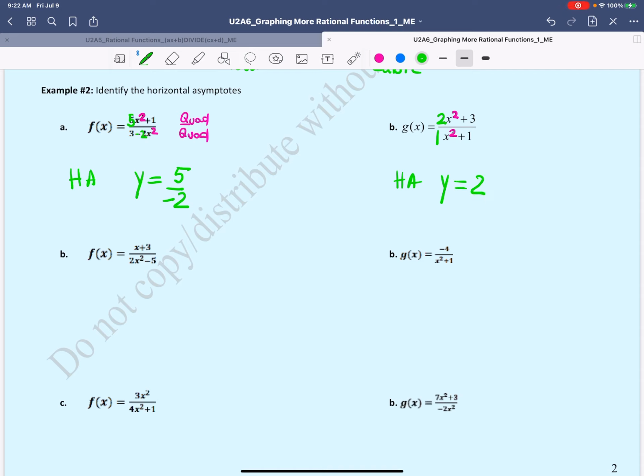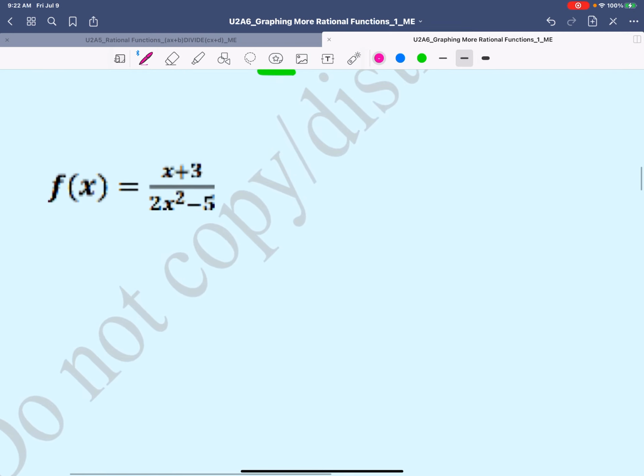Next, the highest degree term in the numerator is 1, in the denominator 2, which means that the highest degree term in this function will be 2, which means again that we can describe the power 2 term in the numerator as 0x squared. And then we'll check with the coefficients.